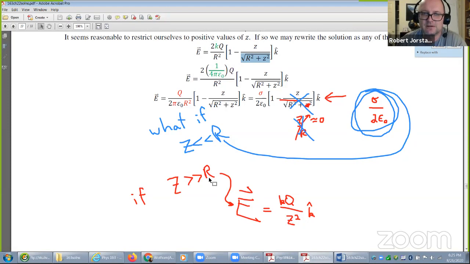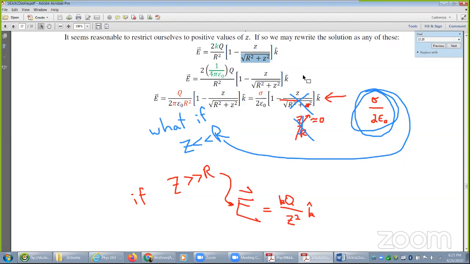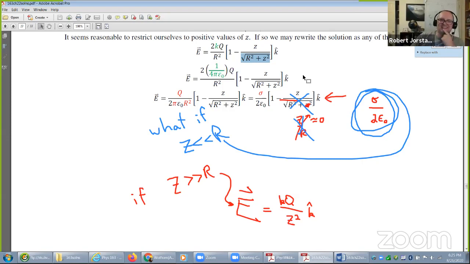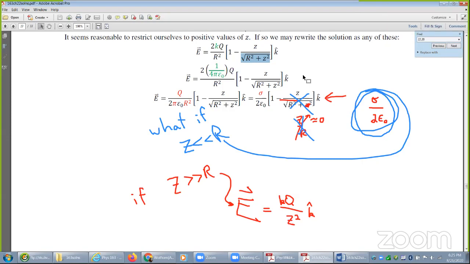How would you? What do you mean? Oh, to do? Okay, so if Z is much, much greater than R, what would you have to do to this? I would just think about, if the distance is so much greater, then the little disc might as well just be a point charge.